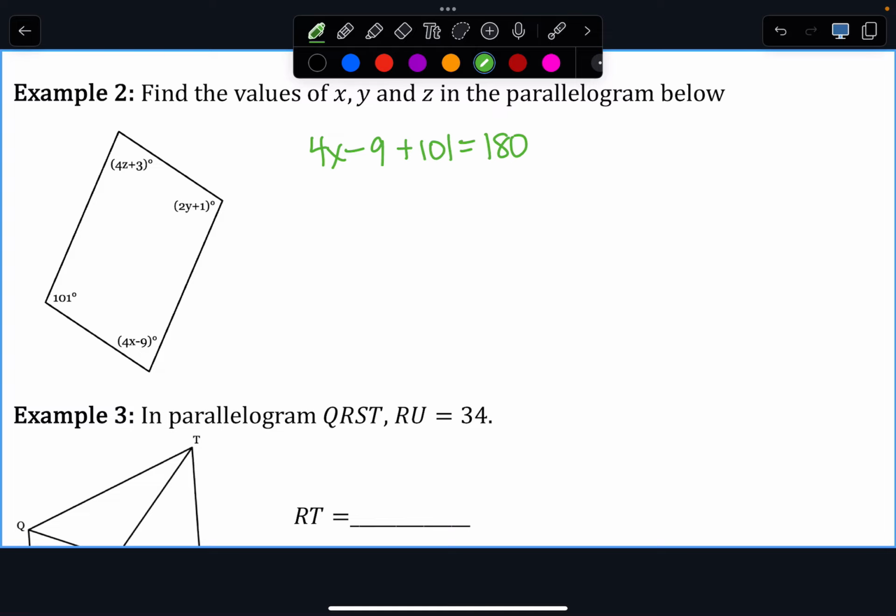Some of you are just saying, oh, 4x minus 9 needs to equal 79? Okay. So this would give us 4x equals what? Well, 4x equals 88, which means x equals 22.